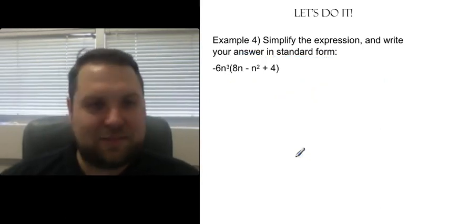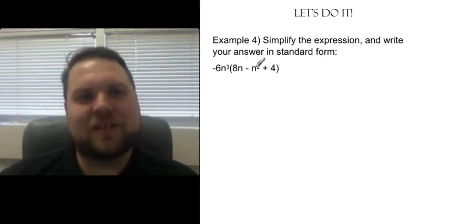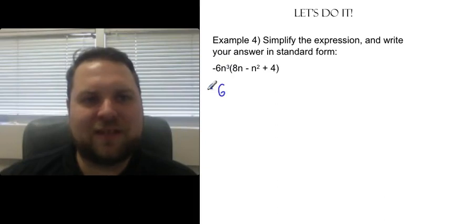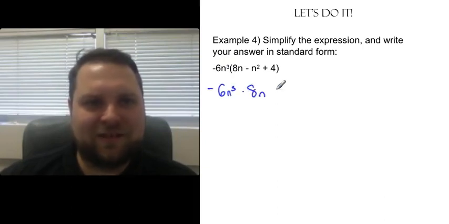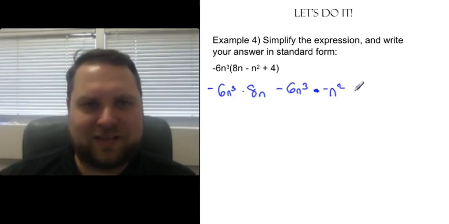So for a 4th example, now I've got a negative monomial, a coefficient that's negative on that monomial, distributed through a trinomial, and it is, again, friends, nothing new. The exact same story, just repeated over and over and over again.